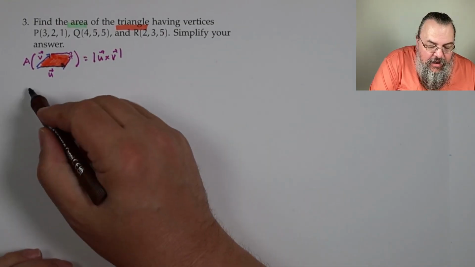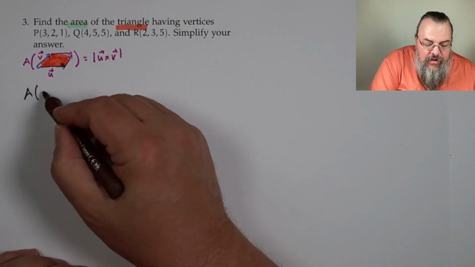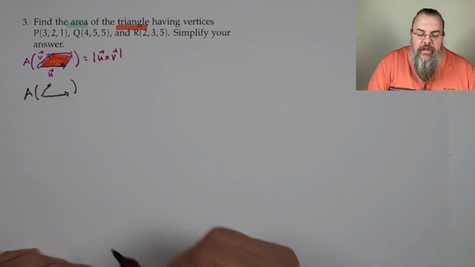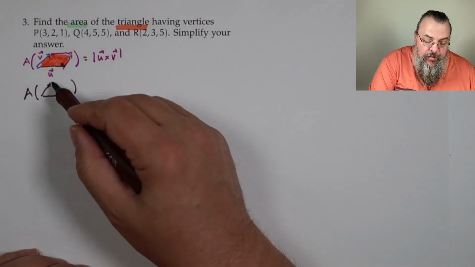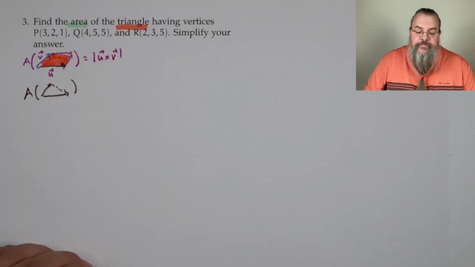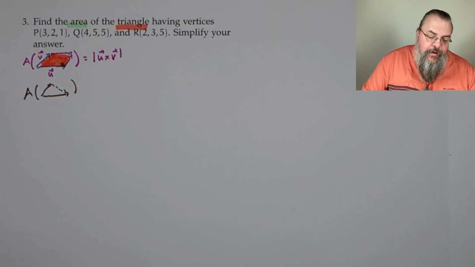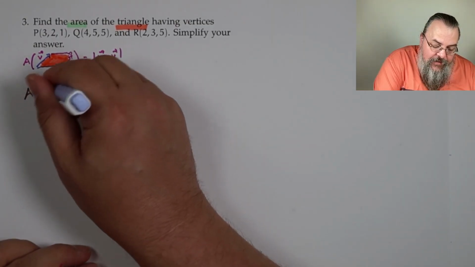Same sort of picture initially, but now instead of making a parallelogram, make a triangle. Now, how does the area of the triangle relate to the area of the parallelogram? Well, the answer is it's half of it.